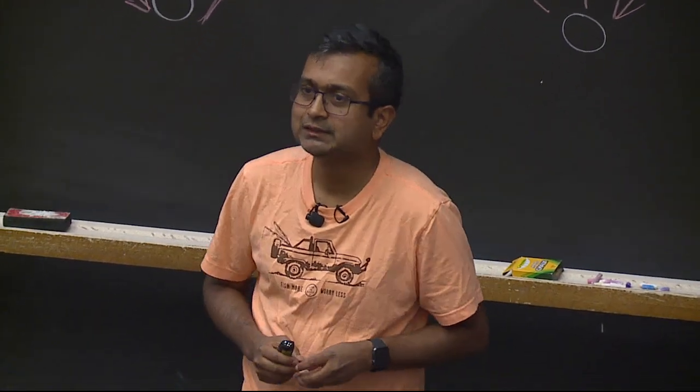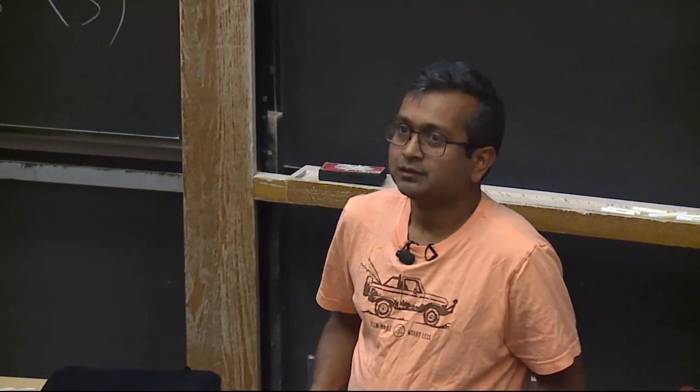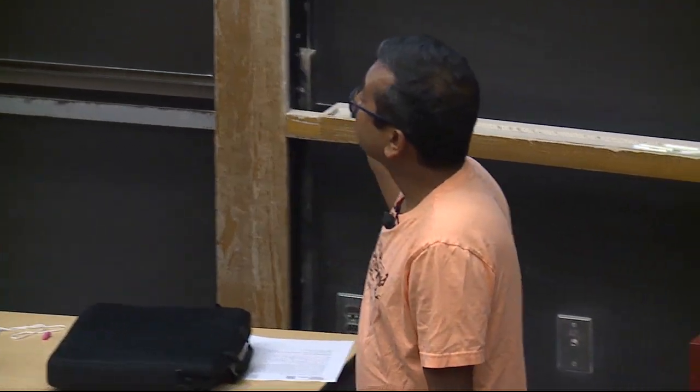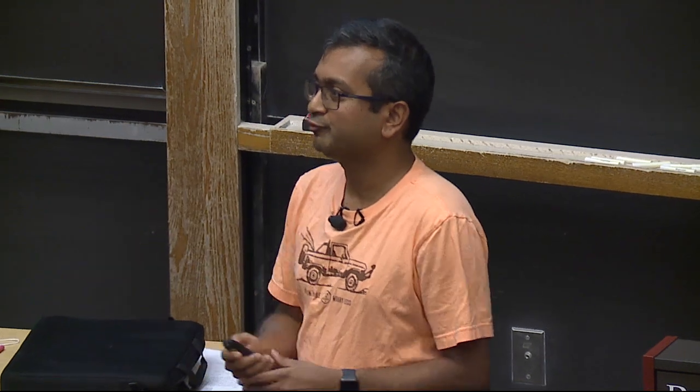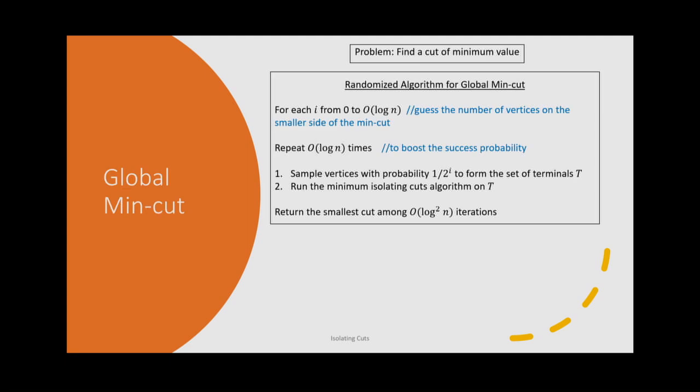Other questions? All right. So let's start off with the application that actually took us there, which is the global min cut. So now here's my global min cut algorithm, and this mirrors what Erwin just said. The only question that I left unsaid is how do I find k, the number of vertices on the smaller side of the min cut?